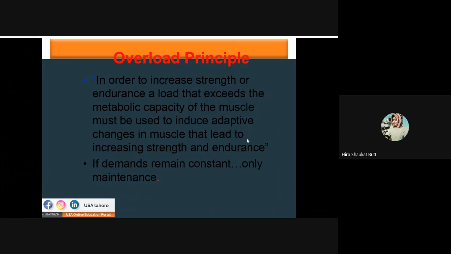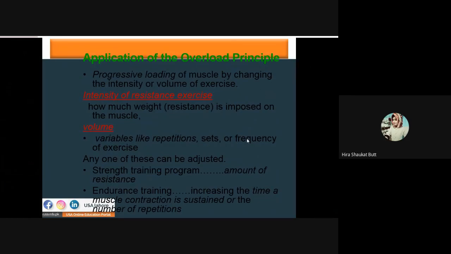And always remember that if the demand remains constant, then after the muscle has adapted, the level of muscle performance cannot be increased. It must be maintained. What are the applications of the overload principle?